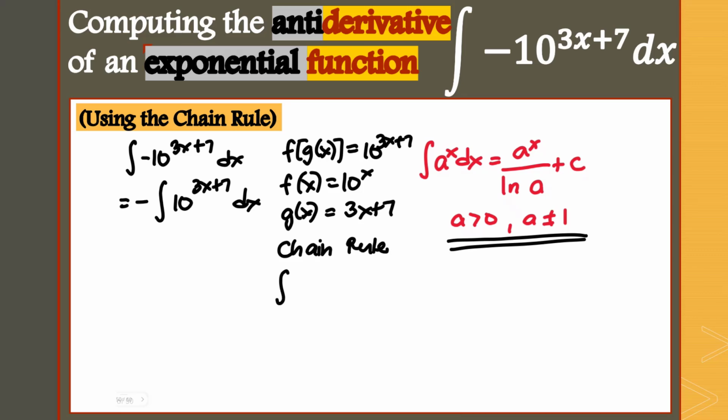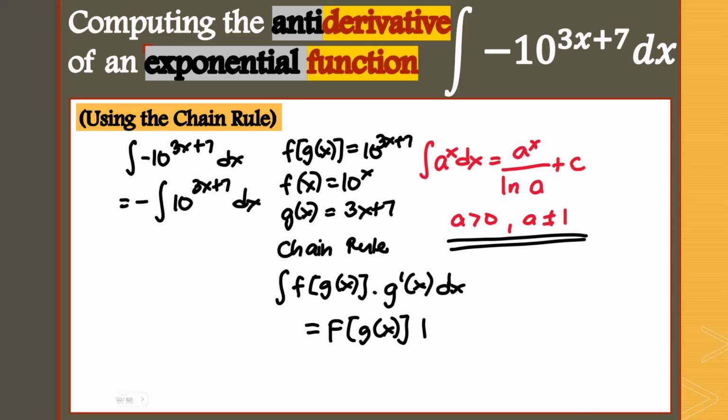Okay, so this is really a composite function taking out negative outside, and this time let's reintroduce the chain rule. This is the rule on integrating composite functions with the criteria of introducing or integrating here g prime of x before dx, before we could come up with our f of g of x, which is the antiderivative of the outer function, plus c. We can use this method because our a is now positive 10.